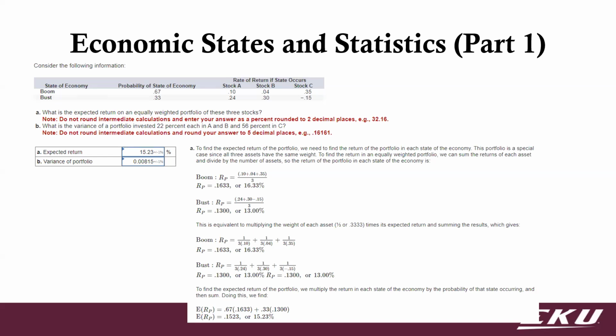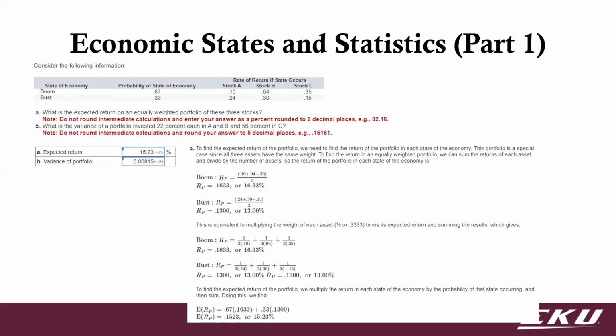So for expected return, we just have to look at each state of the world. In a booming economy, we would expect 10% on our A, 4% on our B, and 35% on C. You add them up, divide by 3. Same thing for the bust economy, add them up, divide by 3. You'll get each of those.